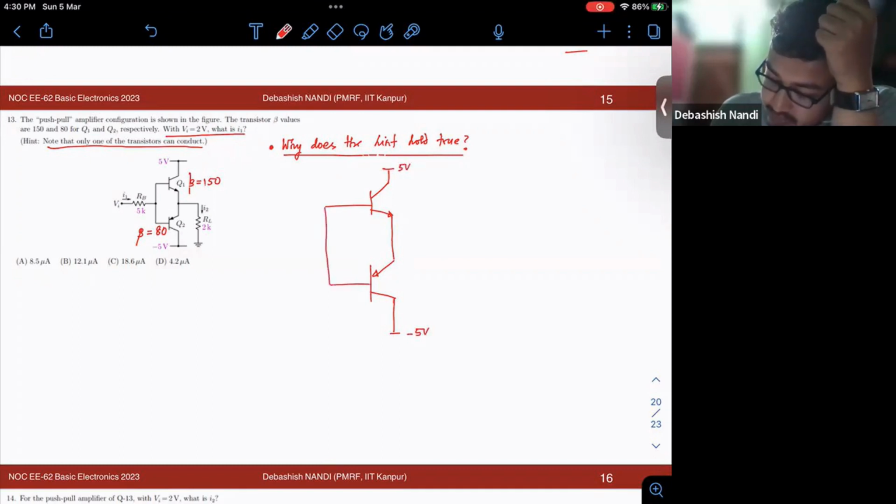The bases of those are connected. This is VI. This is 5 kilo ohm. And you have here your 2 kilo ohm, right? This is your I1. This is your I2.